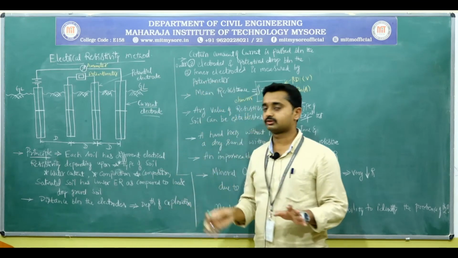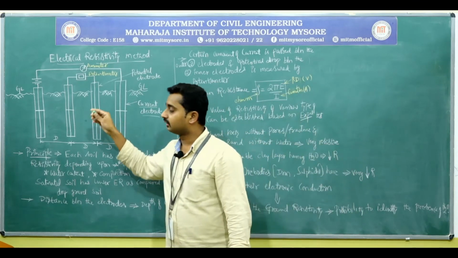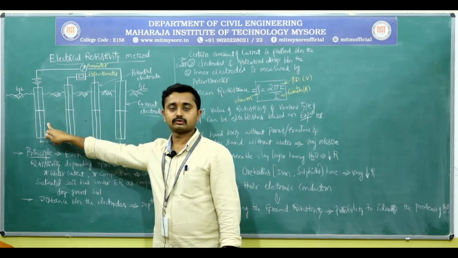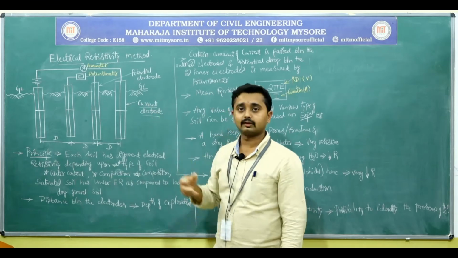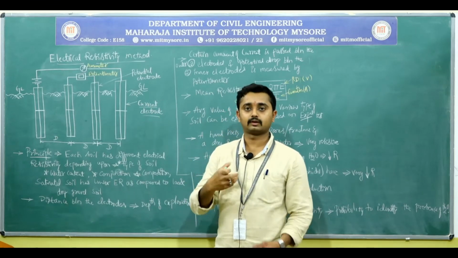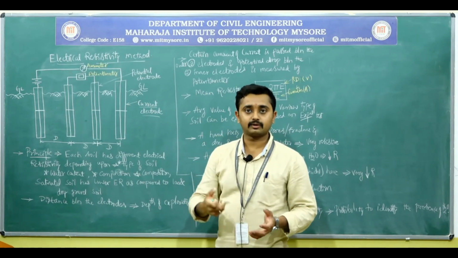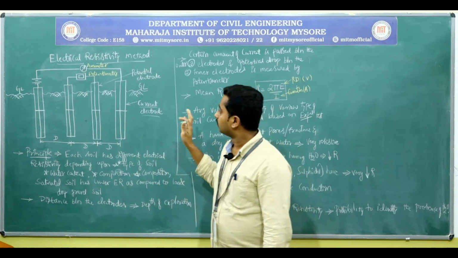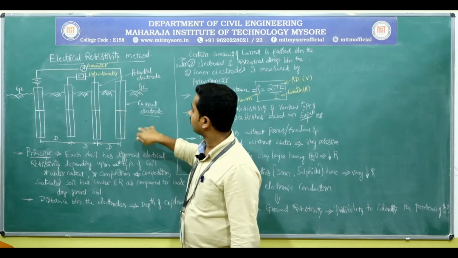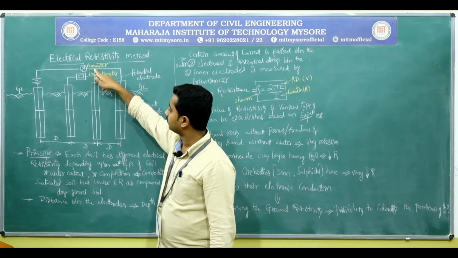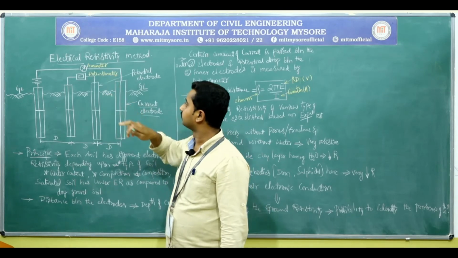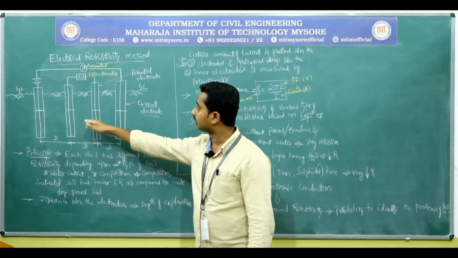Here the basic principle is we are sending current through the outer electrodes, and the resistivity offered by the ground is measured using potentiometers. The ground level is there, two outer electrodes, and current is measured in an ammeter, and the resistivity offered by the ground is measured in potentiometers, two inner electrodes.